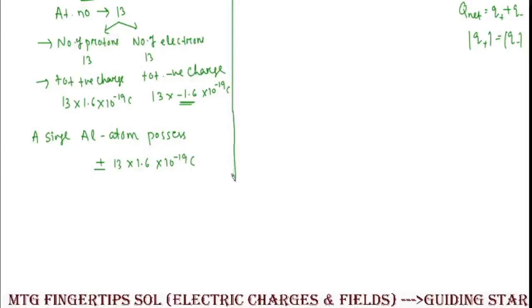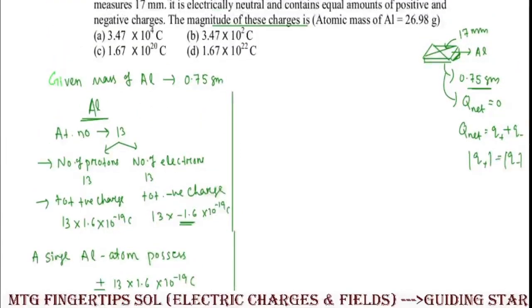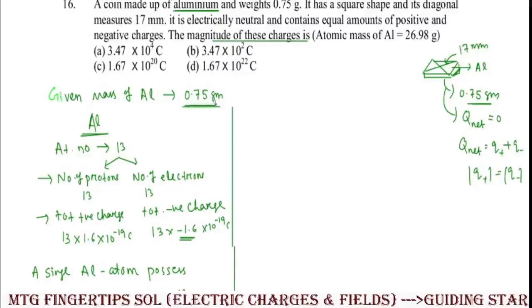Clear? A single aluminum atom has this much positive or negative charge. Now the question is how many aluminum atoms are in 0.75 gram. The aluminum coin has a weight of 0.75 gram, so how will you calculate how many aluminum atoms there will be?